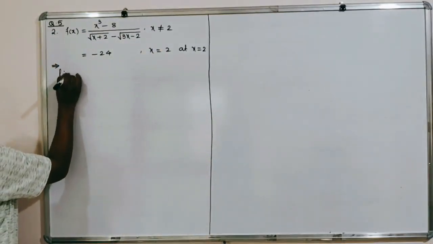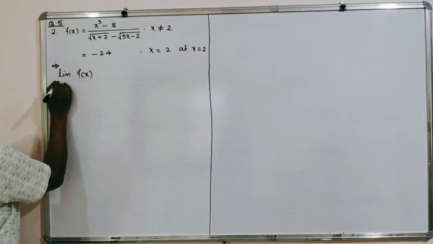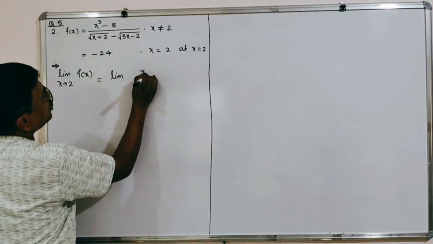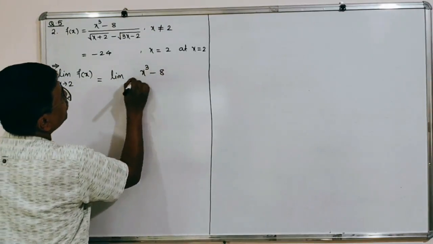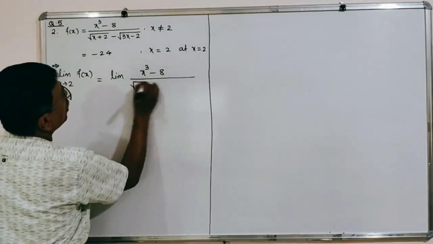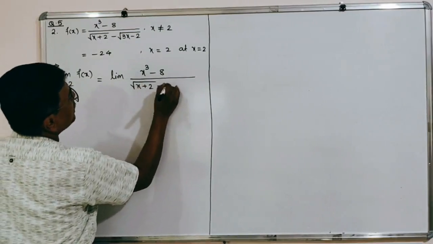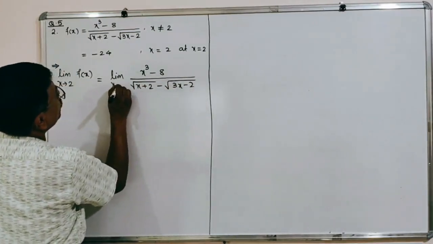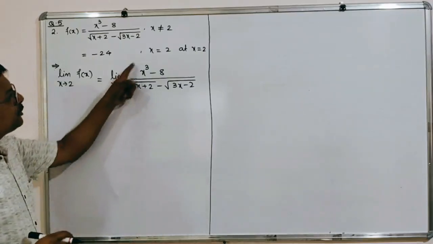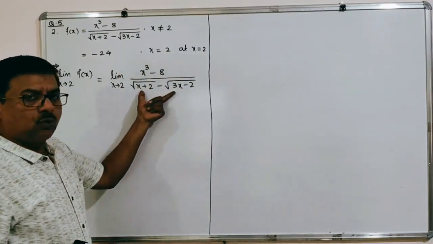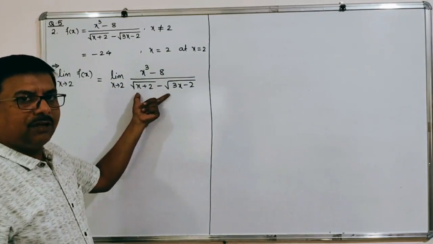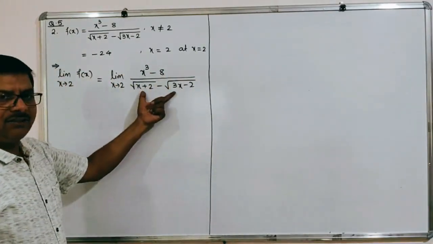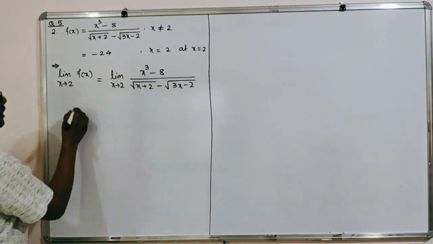Therefore limit of f of x as x tends to 2 is equal to limit of x cube minus 8 divided by under root of x plus 2 minus under root of 3x minus 2 as x tends to 2. If you observe this function carefully, as roots are present in the denominator, we can use the rationalization method. Rationalize the denominator and it will get simplified.